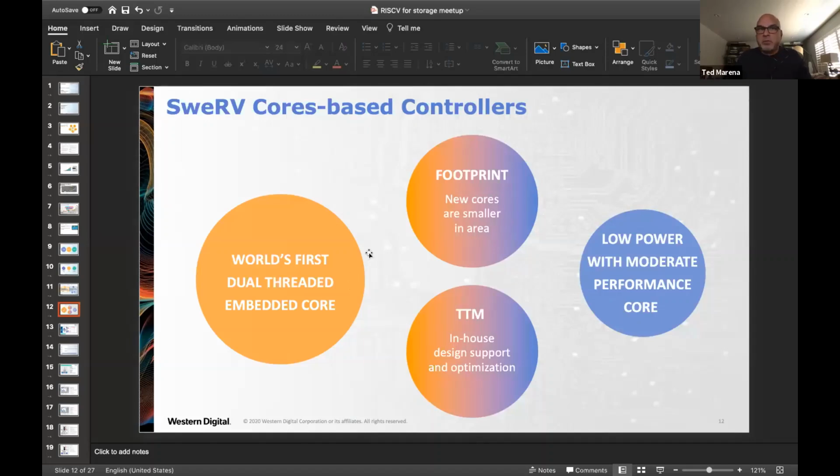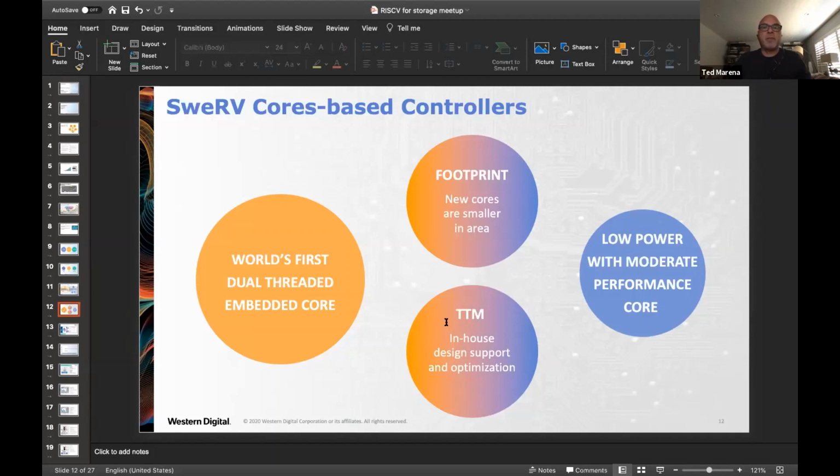And that core is available to you all, which is the other part that's really cool and we believe will help accelerate adoption. The footprint, as I mentioned, is actually smaller. One of the other benefits is our development team is starting to see a time to market advantage, because we can control these things, as opposed to in the past, when we had to go to the IP vendor and either convince them or pay them to make the changes that we requested.